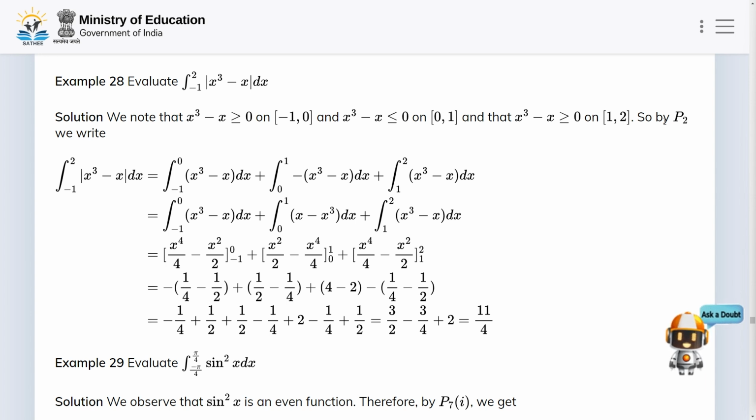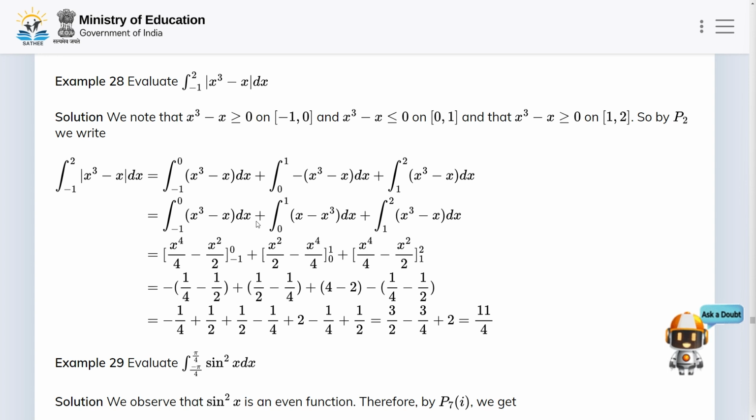Okay, now we will use, what will we be using? The P2 property. So using the P2 property, this whole integration is now divided into three parts: the definite integral from minus 1 to 0, 0 to 1, and 1 to 2. Now just integrate them.